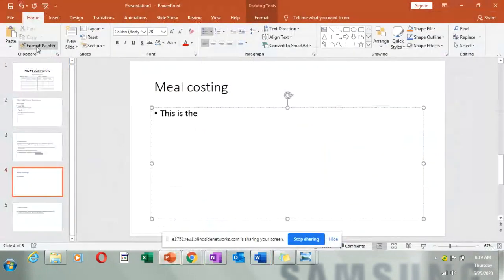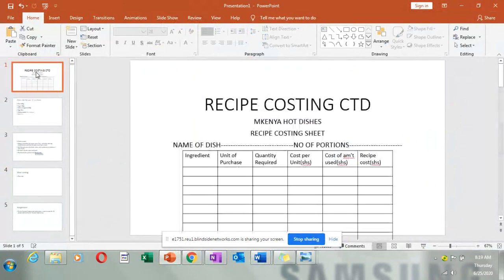This is how it should look. It should have the name of the restaurant, then the name of the table. This table is called the recipe costing sheet. Then it should have the name of the dish and the number of portions. It is very, very important that you have those.